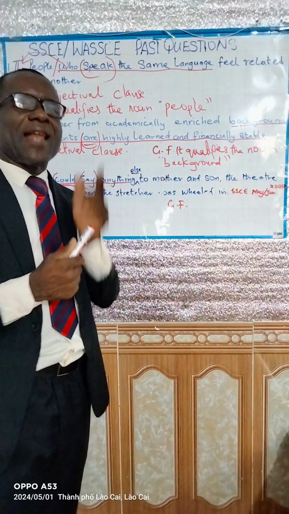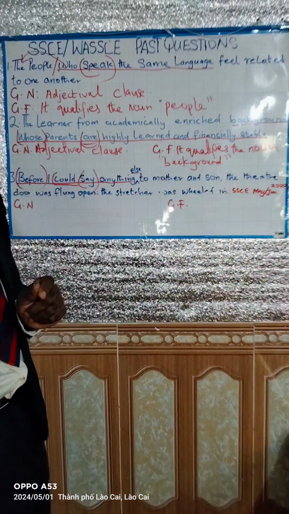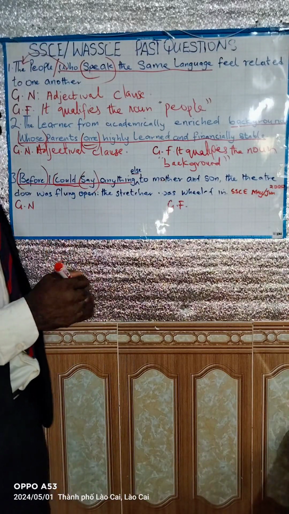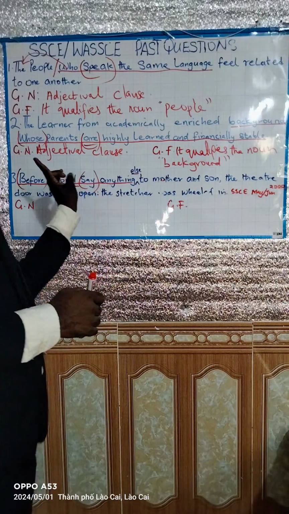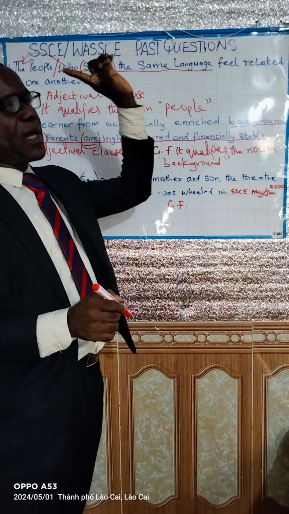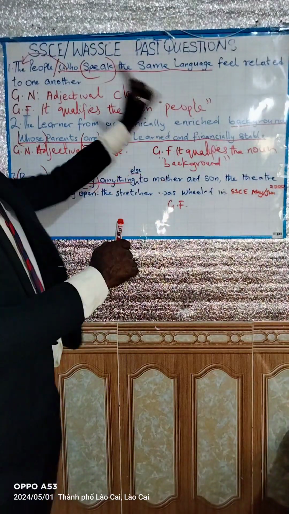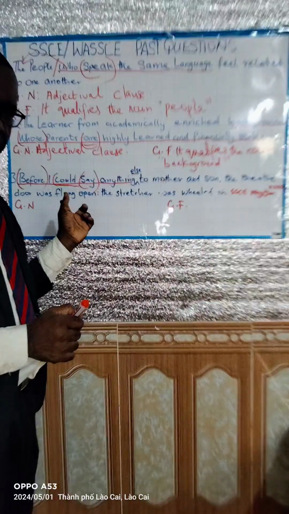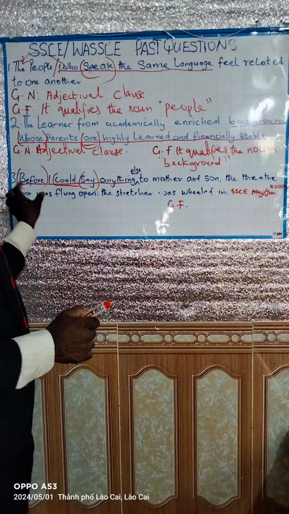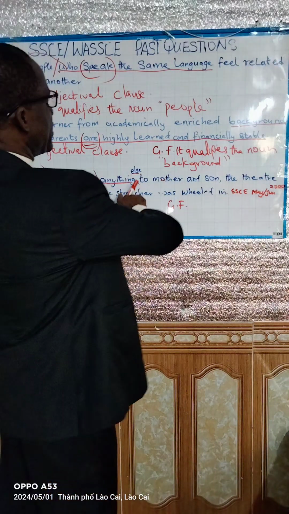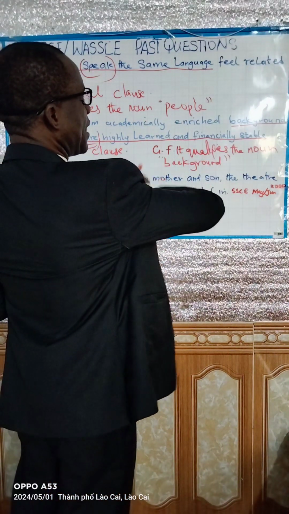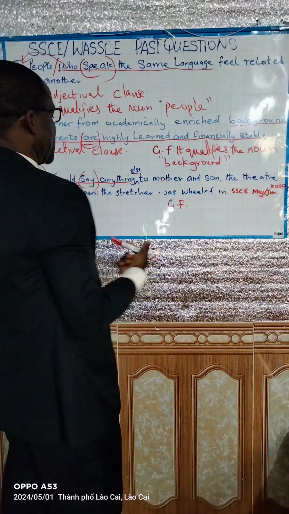Now, the last test for adverbial clause is to check if the underlined expression is pointing to another verb in the other part of the sentence. Again, I repeat, check if the entire underlined expression is pointing to another verb in the other part of the sentence.